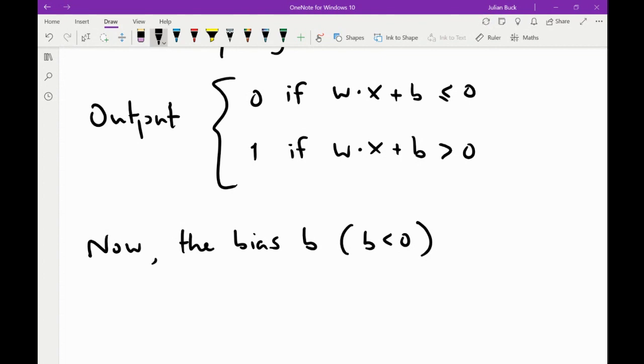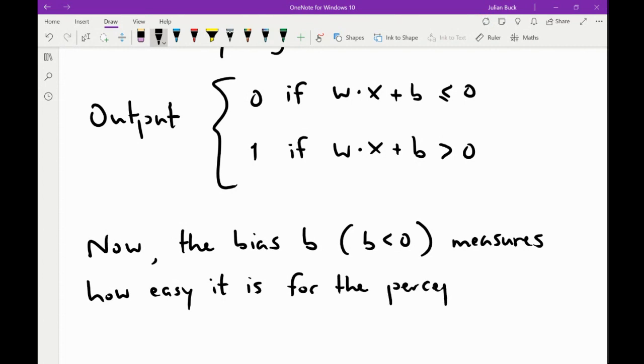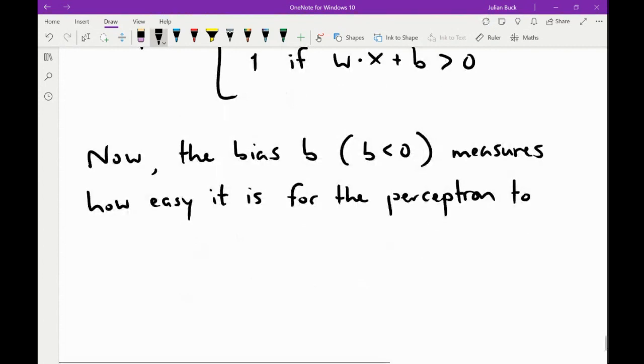So now the bias b measures how easy it is for the perceptron to output a 1.